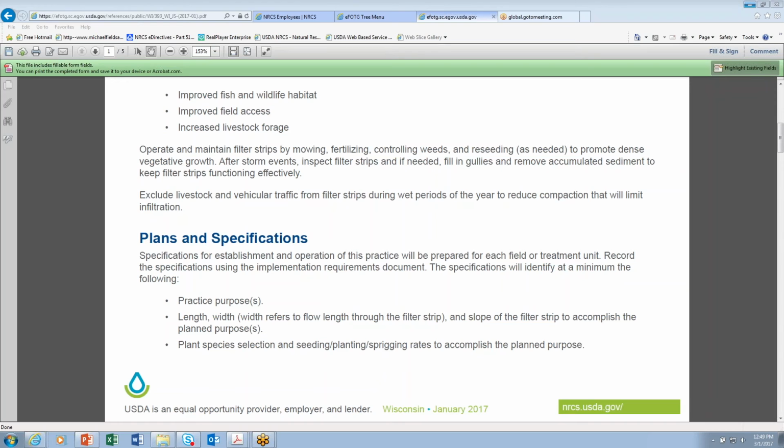Judy, there was a question that I received. Is there a maximum width for EQIP purposes? For EQIP purposes, no, I'm not aware of any maximum width. CRP does have some maximum width. I would say that 120 is probably considered a maximum width in Wisconsin because that's the number we've been using all along.